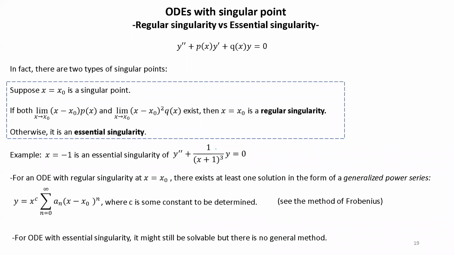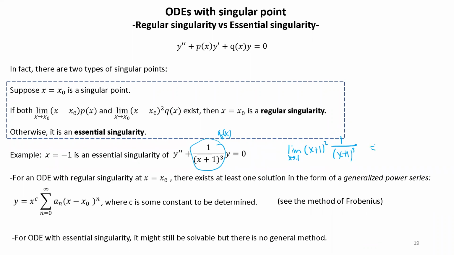What you need to do is, this is your q of x, so you are going to do this limit, x tends to minus 1, of x plus 1 squared times this q of x, which is 1 divided by x plus 1 cubed.